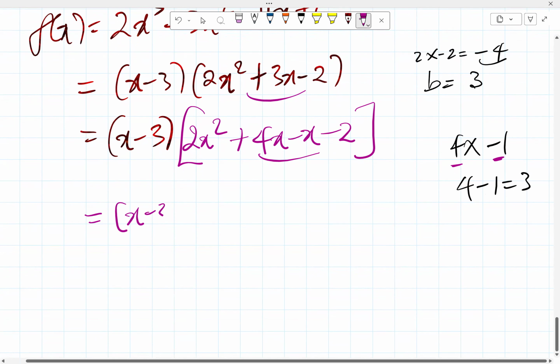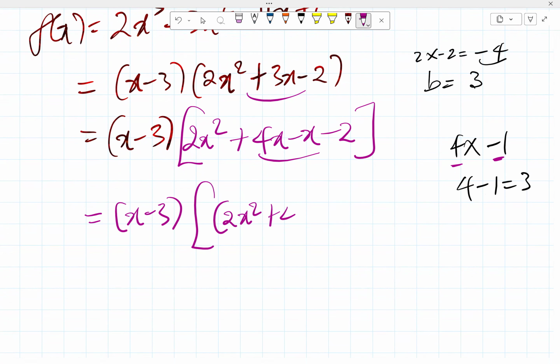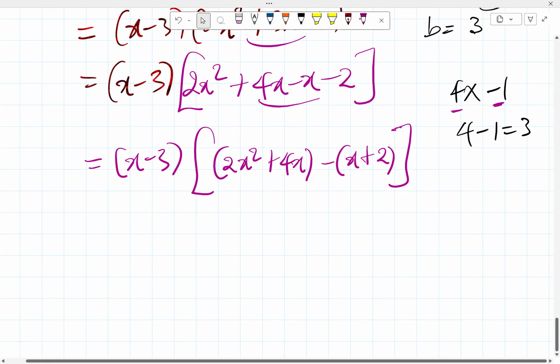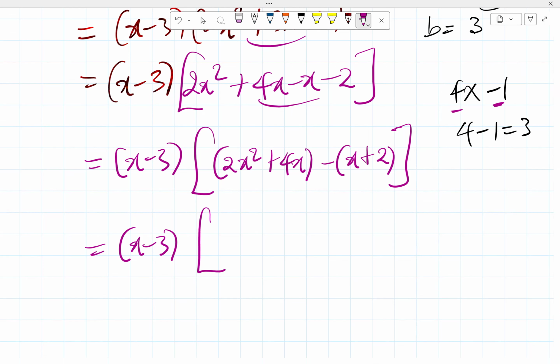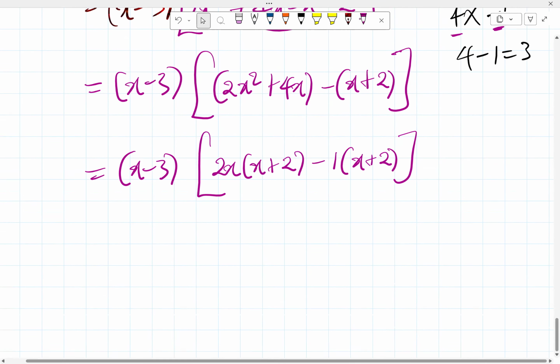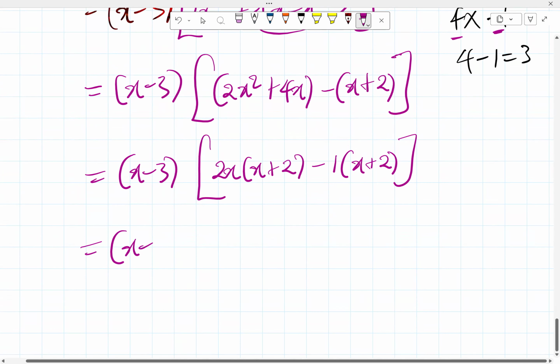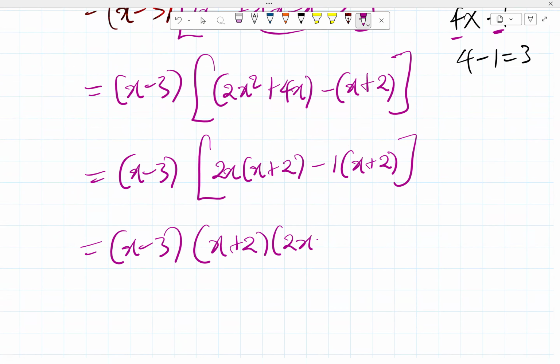We have x minus 3 into, and we can group now: 2x squared plus 4x minus x minus 2. We can factorize, and we have 2x into x plus 2 minus 1 into x plus 2. So we now have x minus 3 into x plus 2 into 2x minus 1.